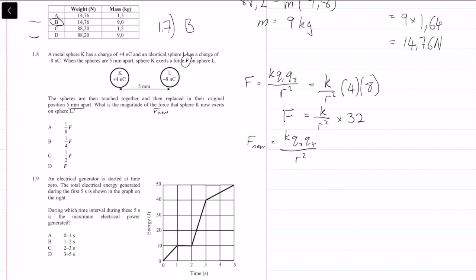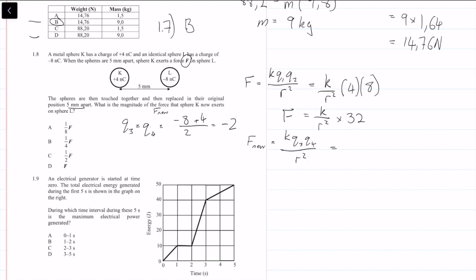So Q3 is equal to Q4 is equal to the average, so -8 plus 4 divided by 2, which is equal to -2. So Q3 equals Q4 equals -2.